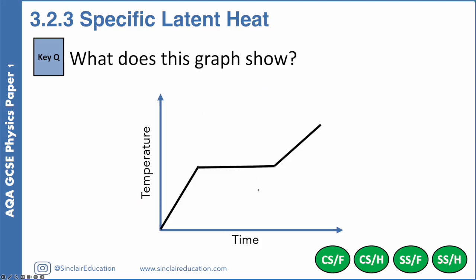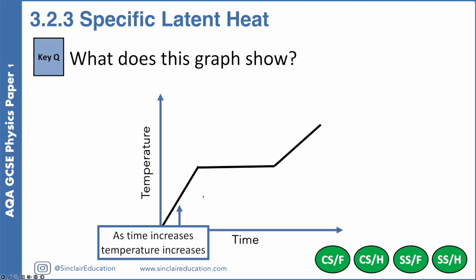Now, this graph here is going to show us typically what happens as we increase the temperature, or as we heat something, and what's happening to the temperature of that substance. So generally what we'll see, let's say this were an iodine crystal, for example. As time increases, what we're seeing as we heat it is that temperature increases.